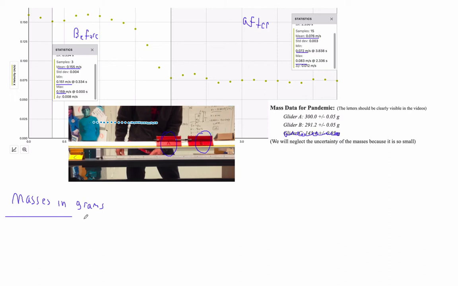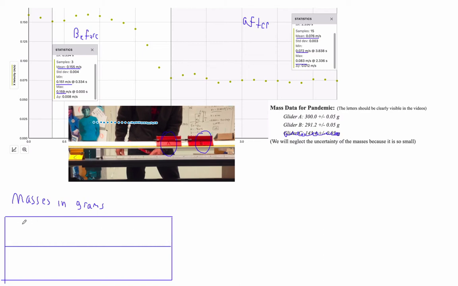And let's make a thing like this, and like this, and like this, and like this. And let's go glider A. And glider A is 300.0. Okay, now we already said that it's in grams, so we're all set.